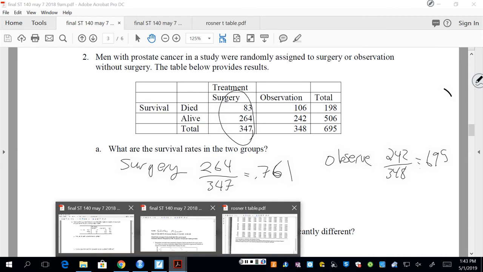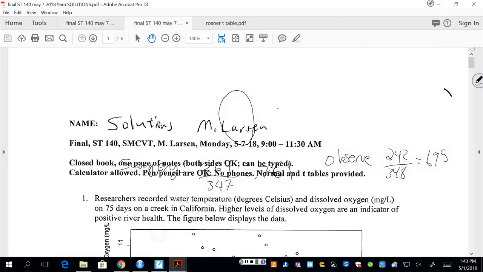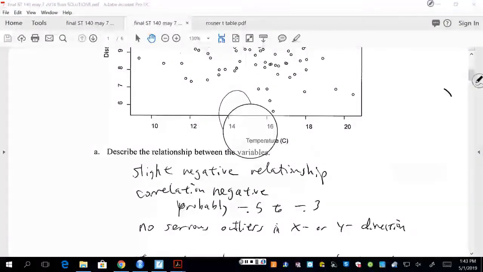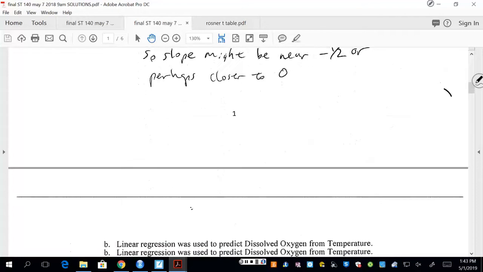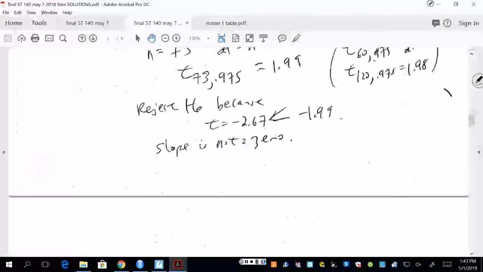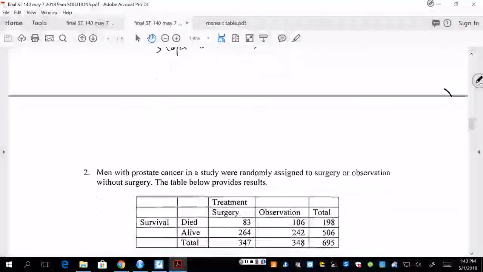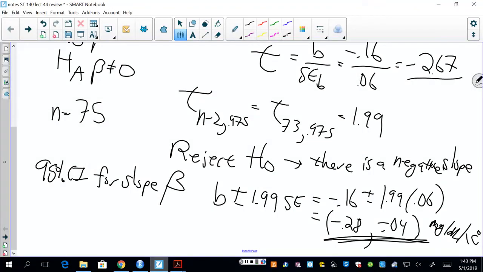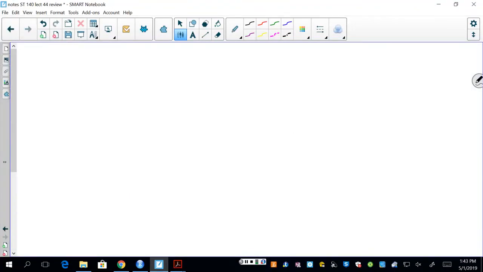Or you could do a hypothesis test. The solutions are posted. Which one do you want to look at, a confidence interval or a hypothesis test? Hypothesis test? Yeah, we can do a hypothesis test. If you want to see how the confidence interval will go, you can look at the solution.